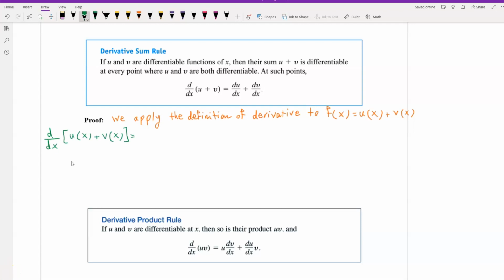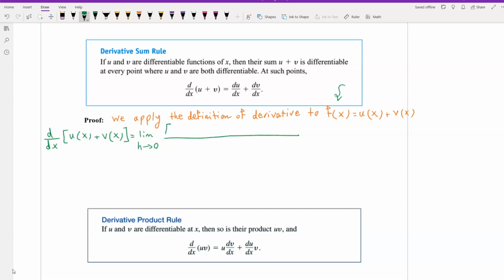So the derivative with respect to x of u of x plus v of x is equal to the limit as h approaches 0. So here we should have f of x plus h minus f of x divided by h. That should be based on what our function is. So in this case, f of x is u of x plus v of x, and f of x plus h is u of x plus h plus v of x plus h.